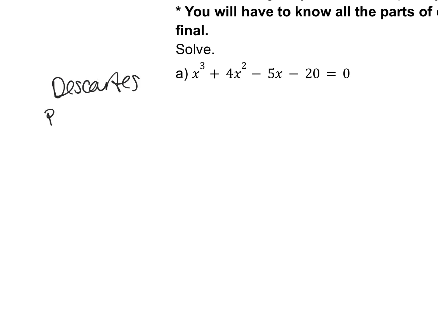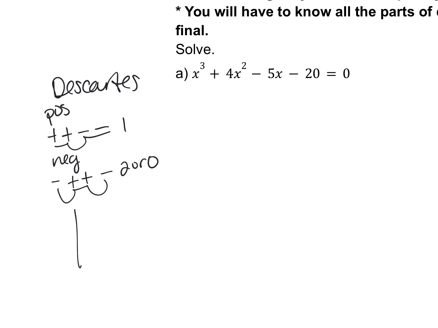Okay, so the positive is positive, positive, negative, negative. So one sign change. Your negative is going to be negative, positive, positive, negative. So 2 or 0. So that means your Descartes chart is going to be 1 positive, 2 negatives, or 1 positive and 2 imaginaries.